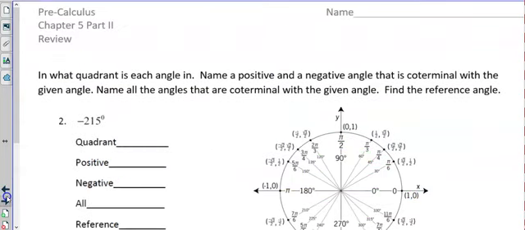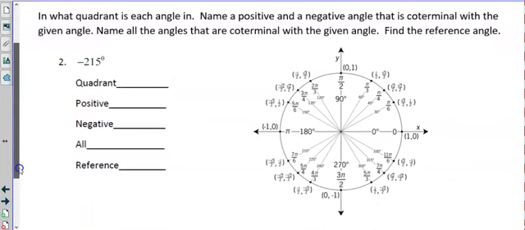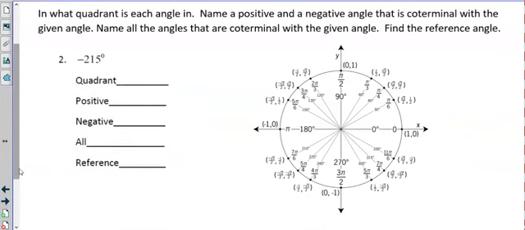All right, moving on to number 2. So same directions, just a different problem. So negative 215 degrees. For that one, I don't really like working backwards if I can avoid it. So right away, I'm going to take negative 215 and add 360 to it. I'm going to find a coterminal angle that's a little bit easier to work with.